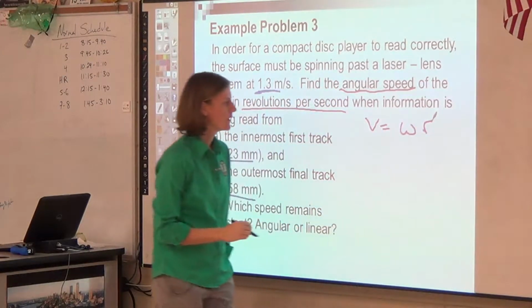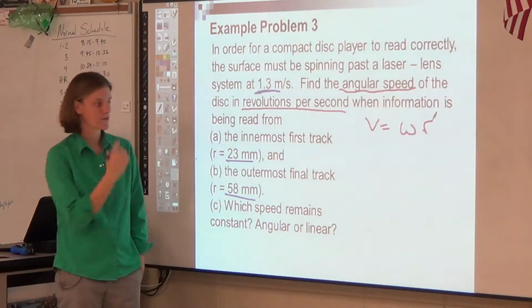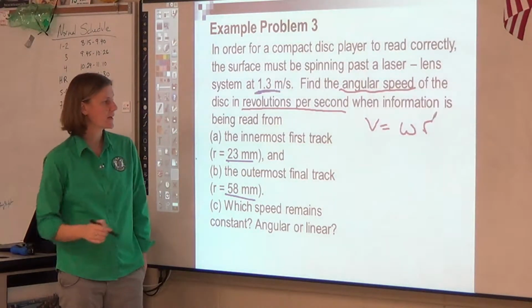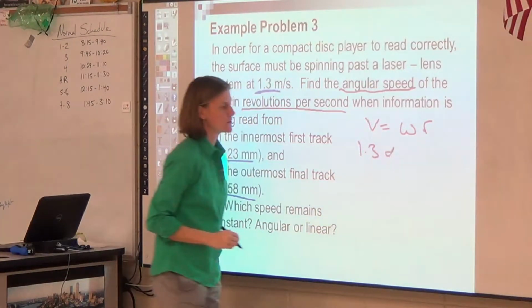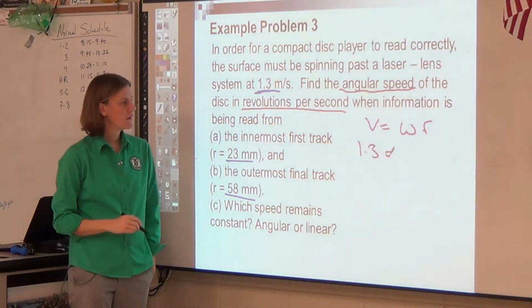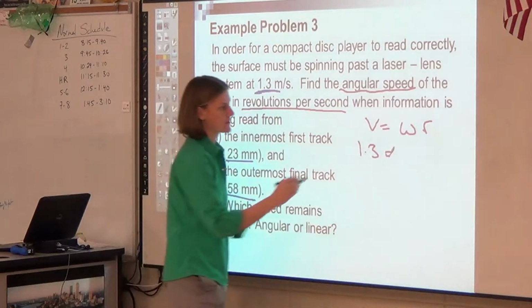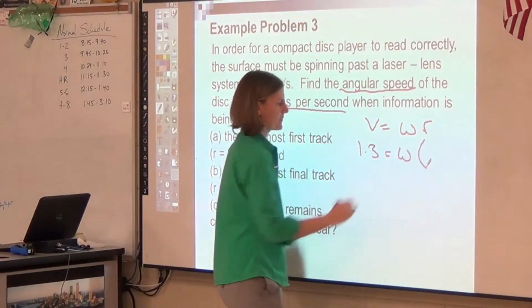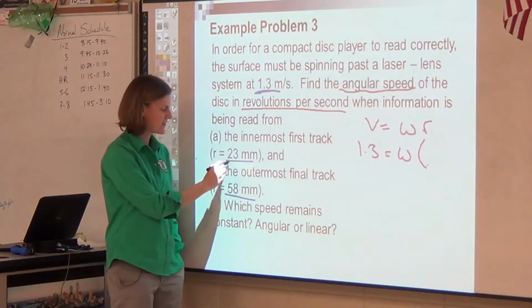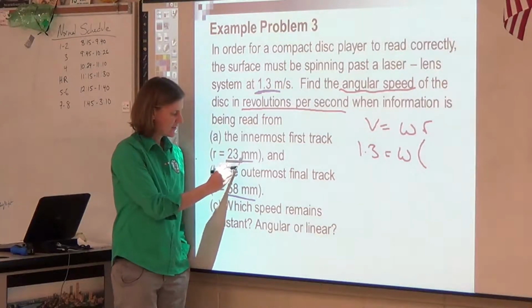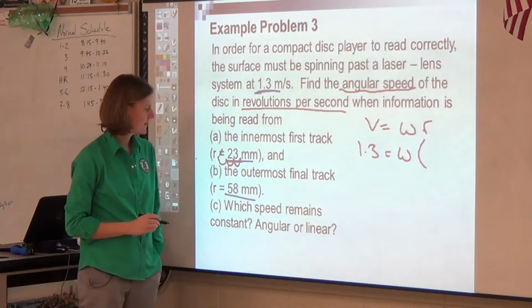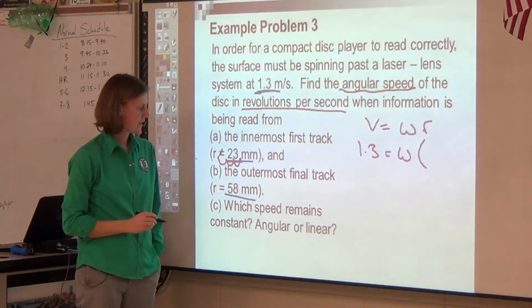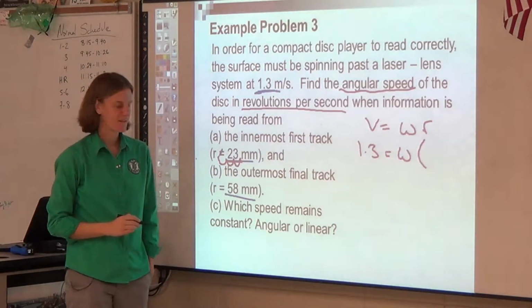So there's our marching band equation. Linear velocity equals angular velocity times radius. Linear velocity in either case is 1.3 meters per second, and we are being asked for the angular speed. First radius is 23 millimeters, so just watch your units. If our linear speed was in meters per second, of course, the radius also needs to be in meters.